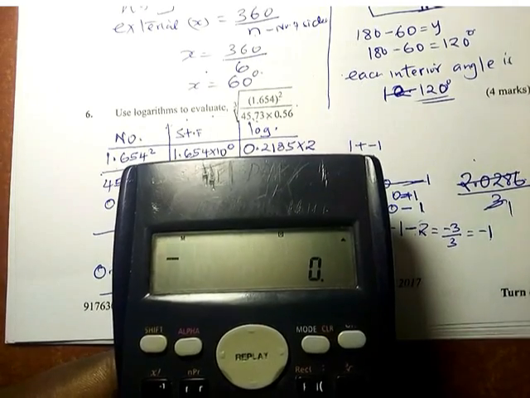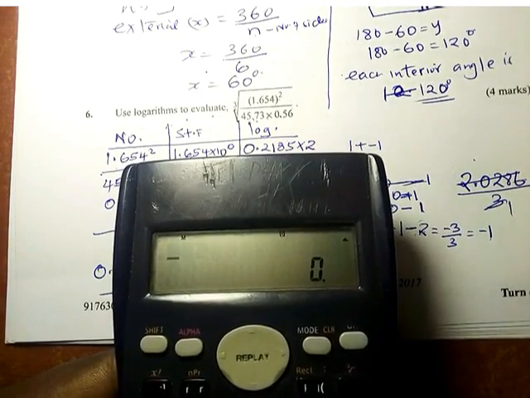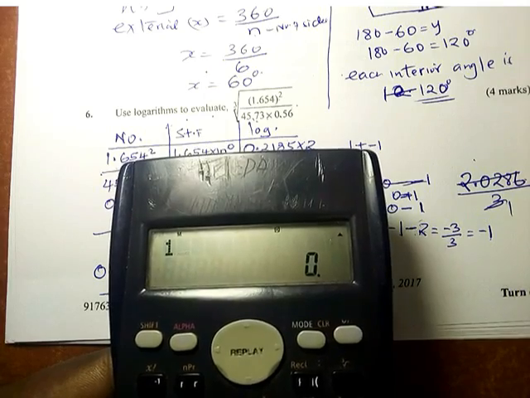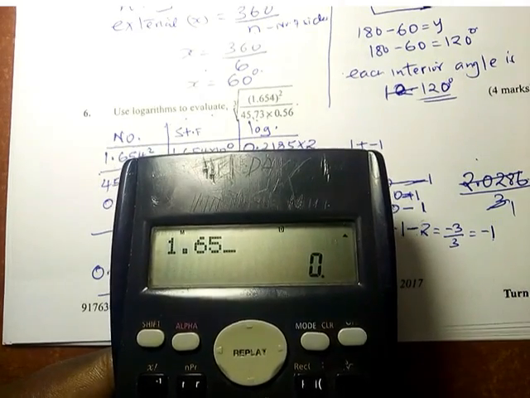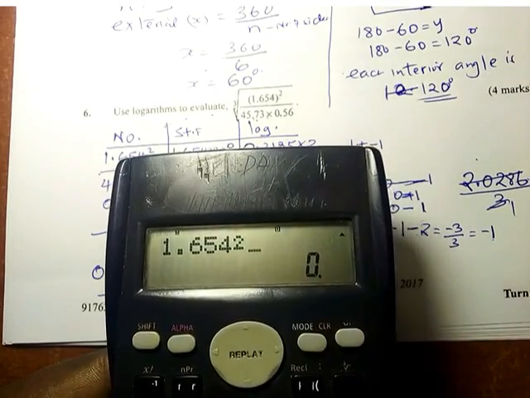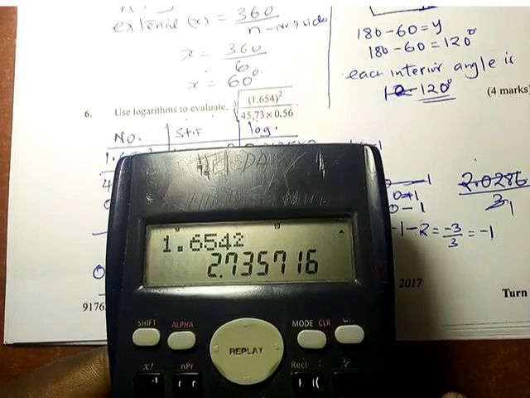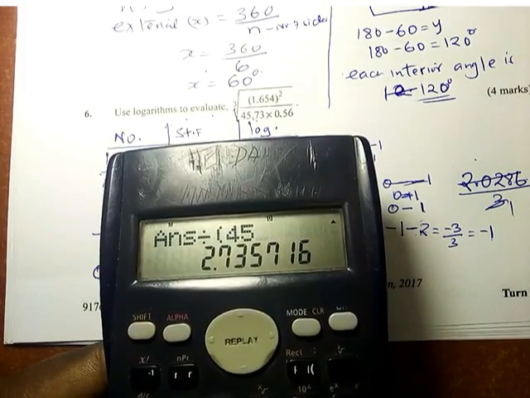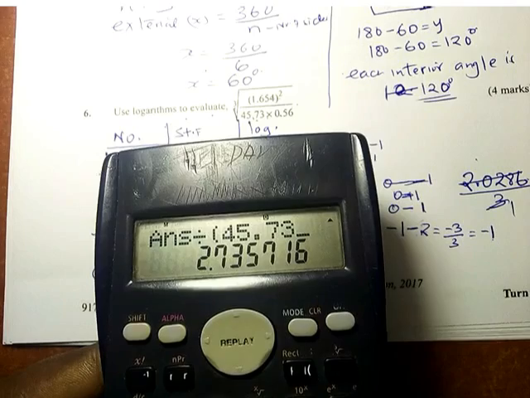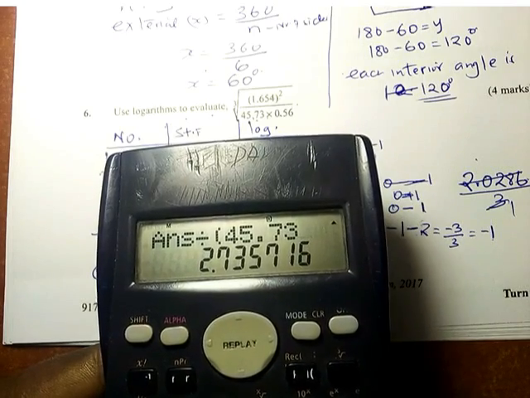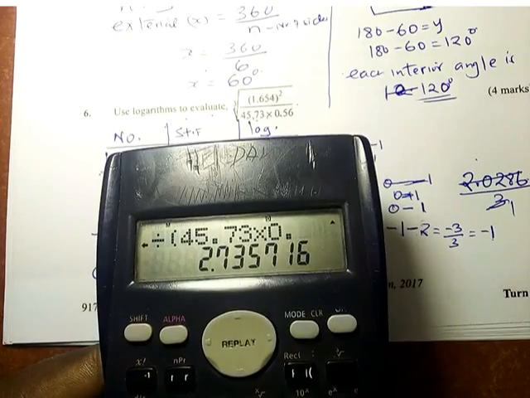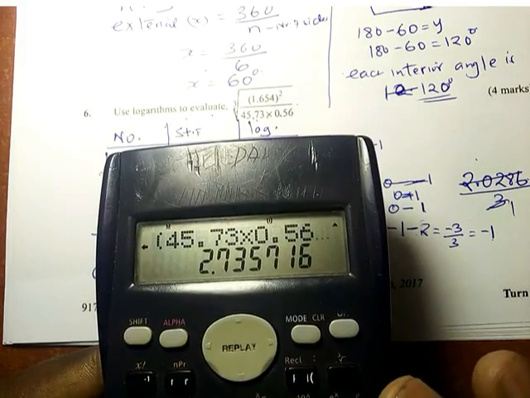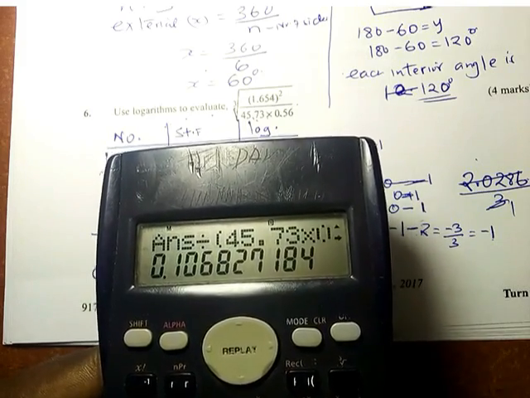It is good to confirm your answer using a calculator directly. First make sure you have got it right. So you press that number directly on the calculator, 1.654 squared, right? So you get the answer, divide by, you open bracket, 45.73, times 0.56, you close the bracket, you press equal sign, that is the answer.